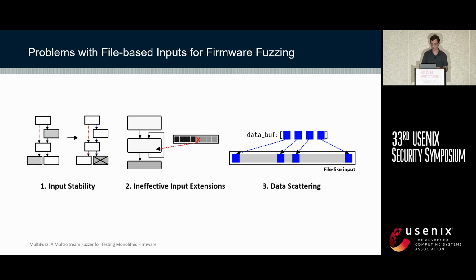Then ineffective input generation: we find that file-based fuzzers tend to get stuck at points where the firmware is just waiting for more data. And then data scattering, which causes related data to be put in various different places in the input, which prevents certain mutation strategies from working effectively.